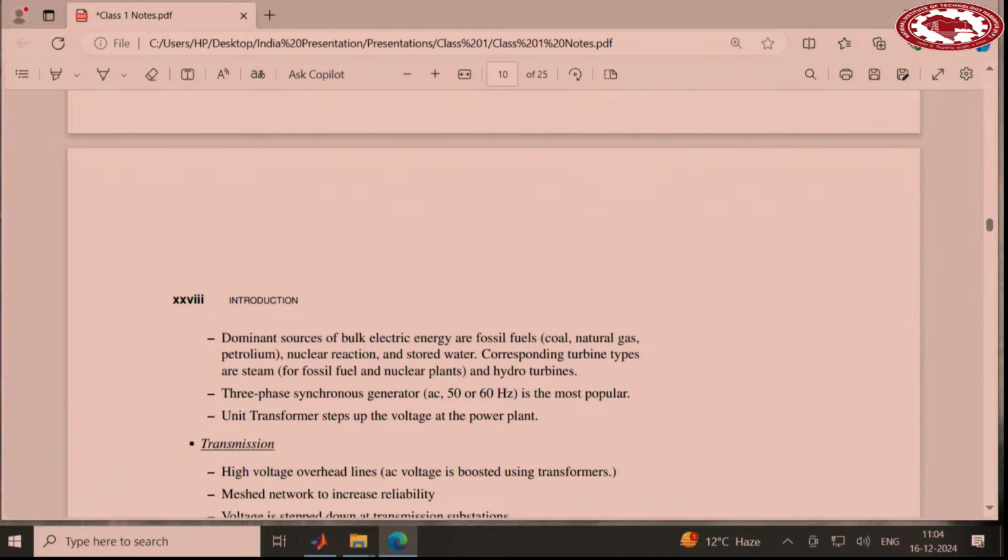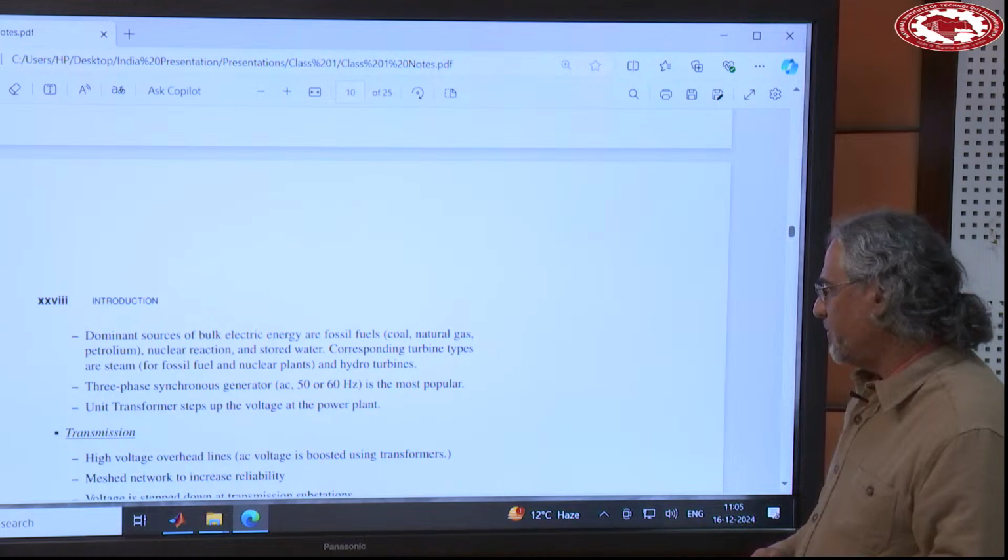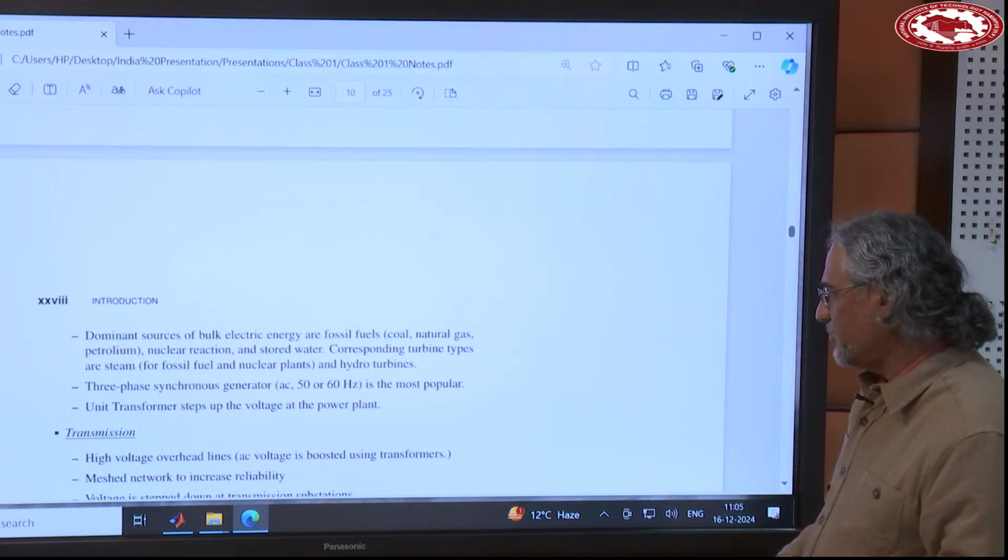The common sources of energy are either fossil fuels, which include coal, natural gas, and petroleum, nuclear reaction, and stored water. Corresponding to this, we have fossil fuel power plants, nuclear power plants, and hydro turbines.